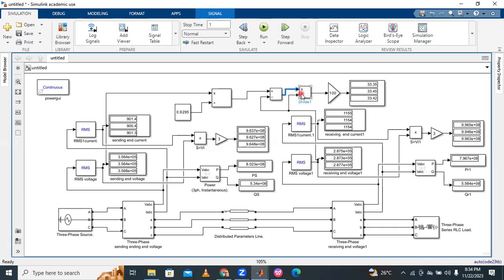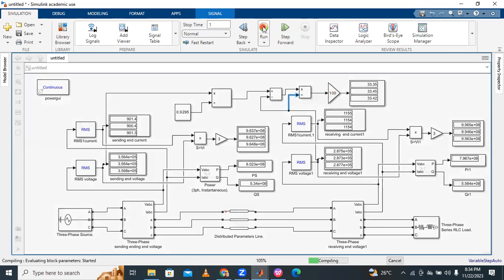So from the divisor, take divide and connect one terminal here, that is Vr. So the expression is nothing but (Vs minus Vr) divided by Vr. Division by Vr is also required, that's why we have to take Vr here, and then multiply into 100. This constant into 100 gives us the regulation.